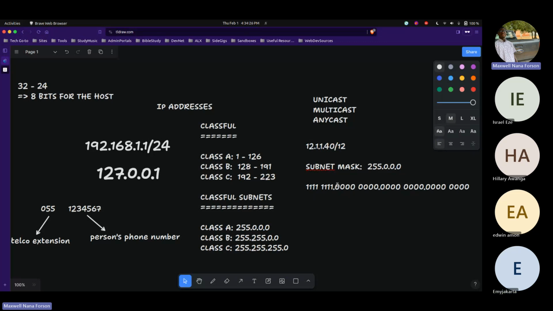So this sums up to 24 bits that we can use. Since it is binary, 2 raised to the power 24 minus 2 can be used to allocate IP addresses for devices on the network, right?